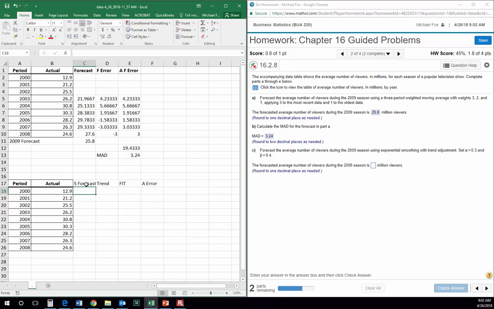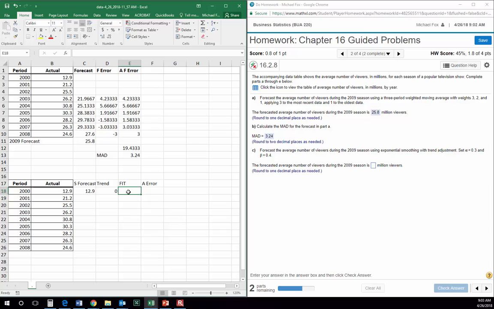So again, just like we did with our exponential smoothing in the previous problem, our smooth forecast for the first period, because we don't have any data and we don't have previous data to rely on, we set to the same as our actual for that period. And our trend will set to 0 because we don't have enough data to calculate a trend yet. So that's just the standard convention.